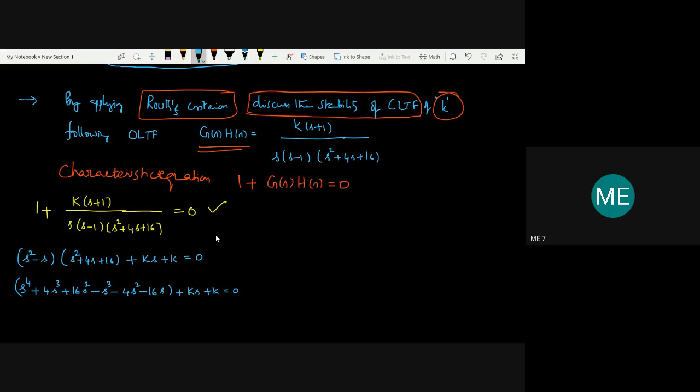Then combining the terms, we have s to the power of 4, only one term, so I'll be writing s to the power of 4. Then for s cube terms, there are two: 4s cube minus s cube is going to be plus 3s cube. Then the s square terms: 16s square minus 4s square is going to be plus 12s square.